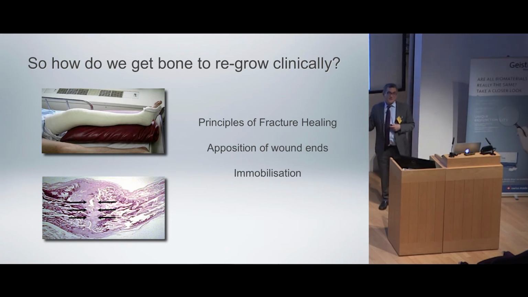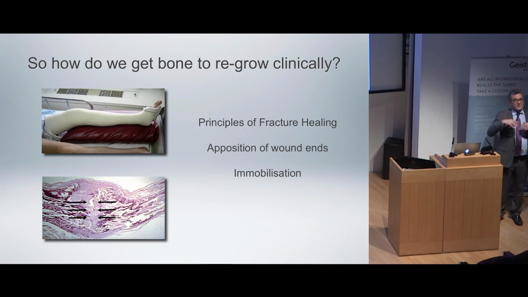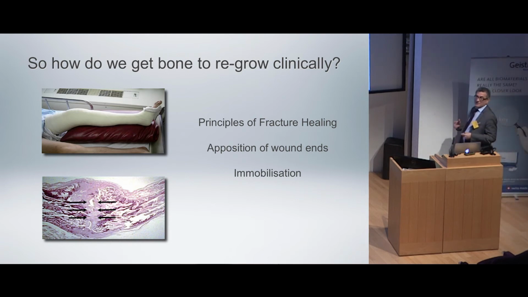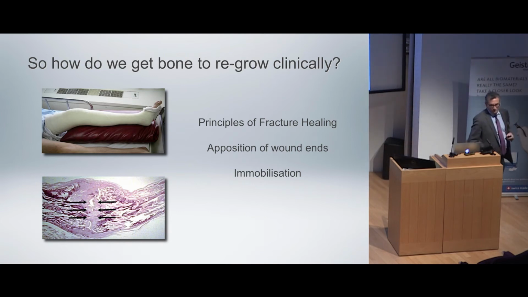And most of the time, this works very well. And if you don't immobilize it, then the stretching of the cells actually inhibits the bone formation, and instead you get what's called fibrous union, where the two ends of the bone don't unite, and therefore they remain mobile. So it's a bit of a breeze making bone.